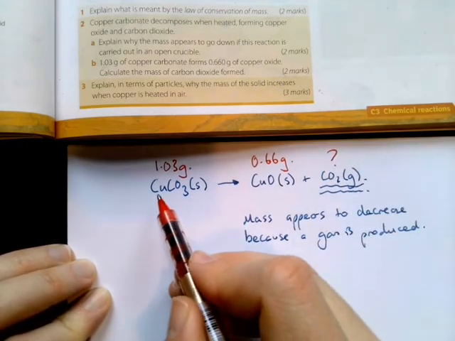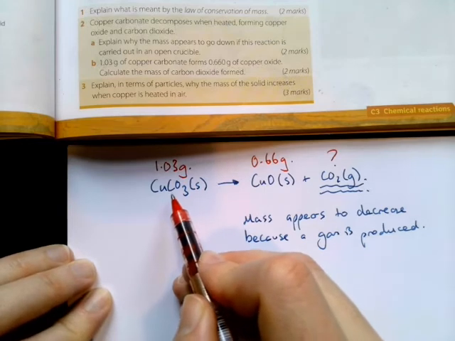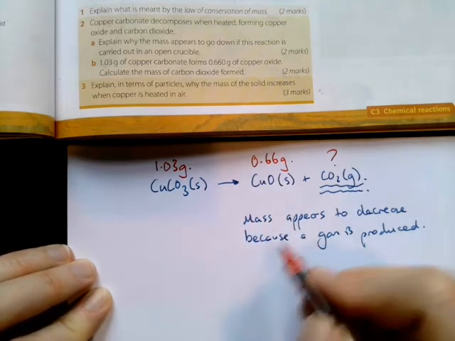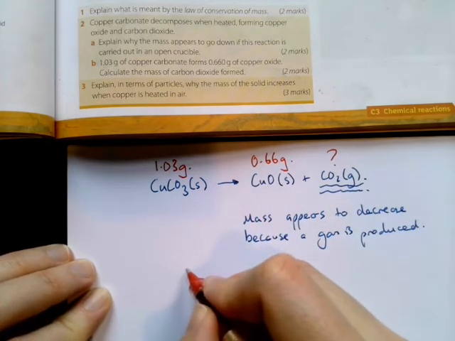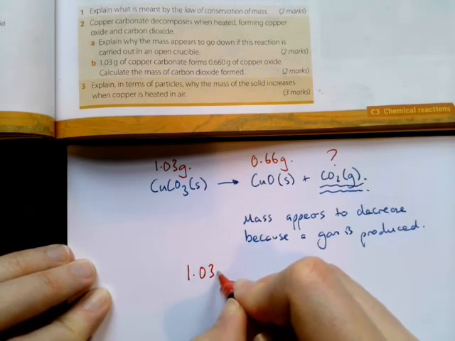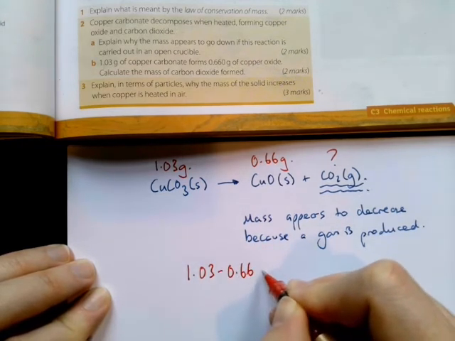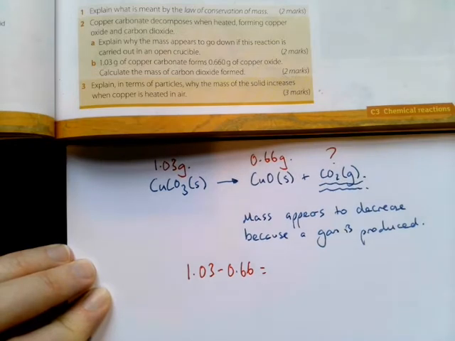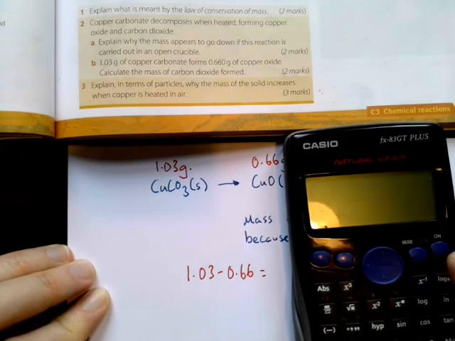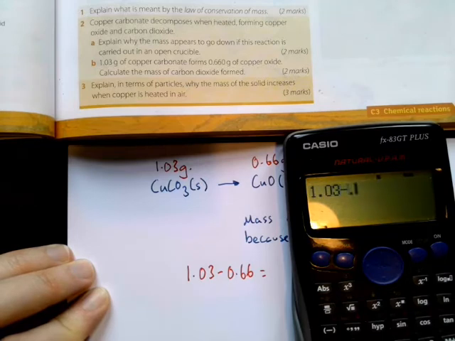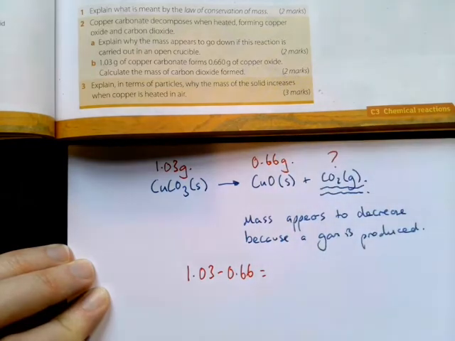Well, the law of conservation of mass means that the mass can't change. So the amount of carbon dioxide must be 1.03 minus 0.66, which gives you 0.37 grams.